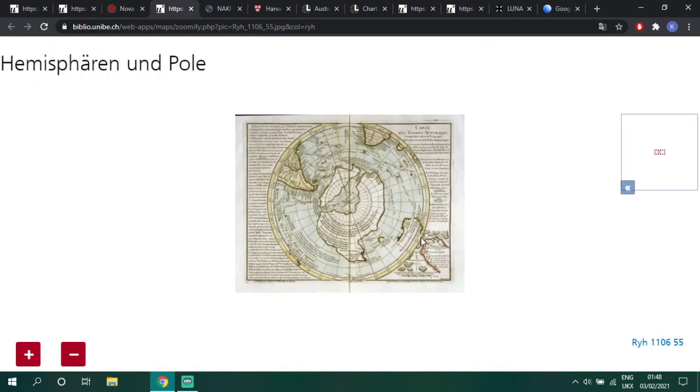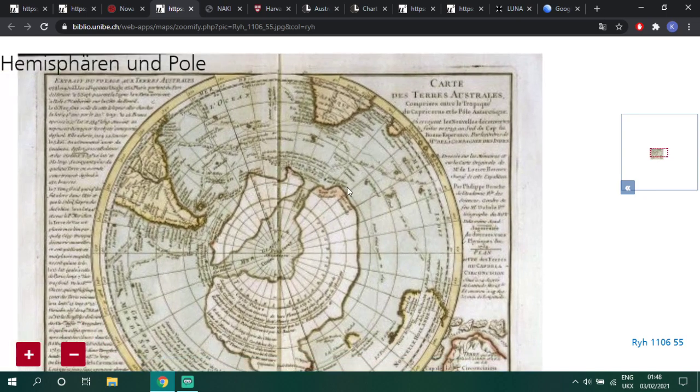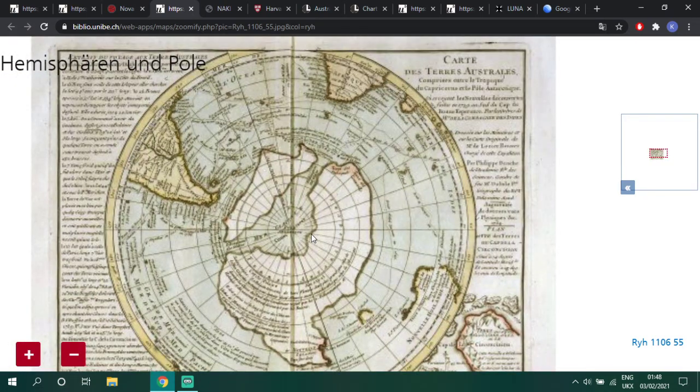Moving on. So this is another one of those equal distance projection maps, obviously projecting it with Antarctica at the centre, the South Pole at the centre, and everything going out to the north.